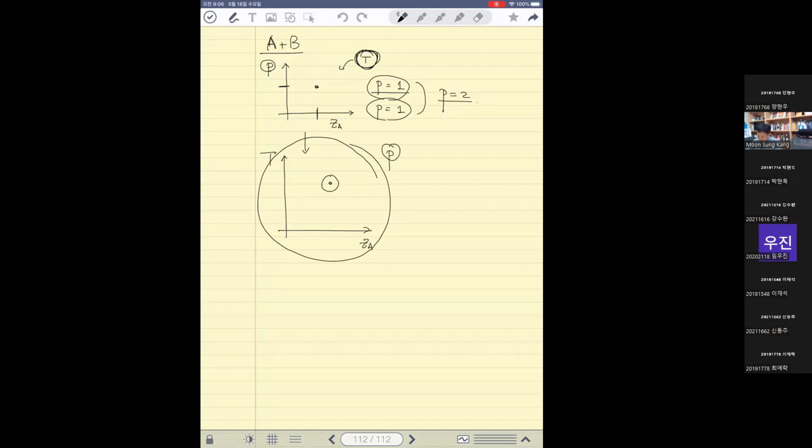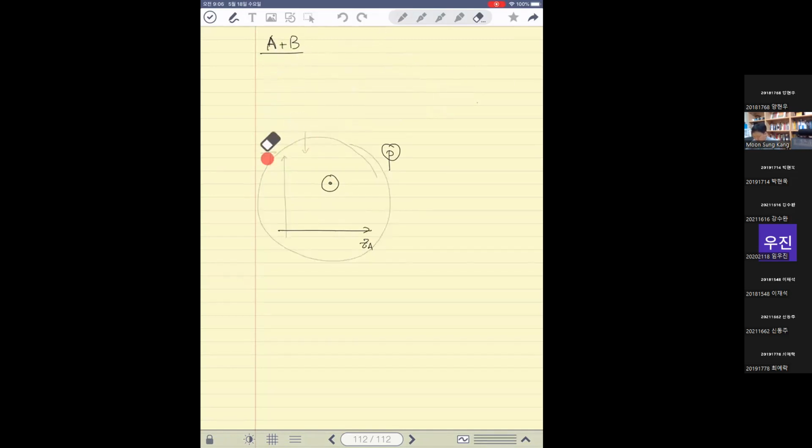So let's, okay. So A plus B mixture, and let's talk about liquid mixture.